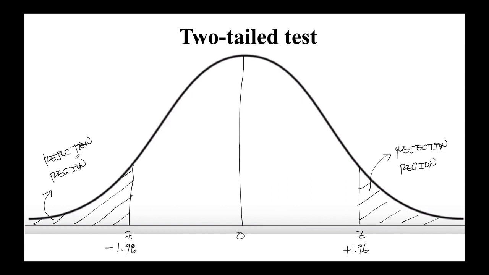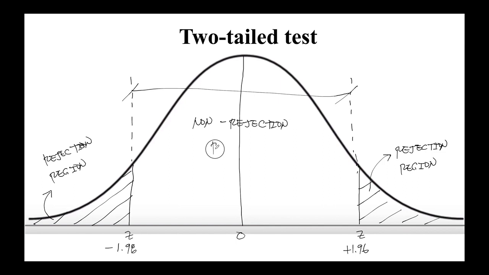Okay? So, meaning to say, this whole area is what we call the non-rejection region. Okay? Now, if we use 95%, for example, this whole non-rejection region is equivalent to 95%.